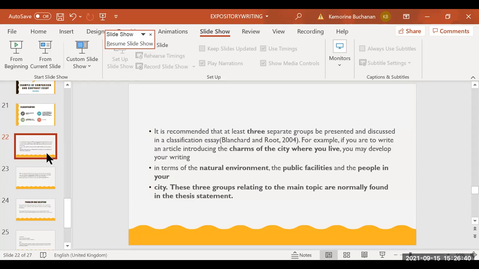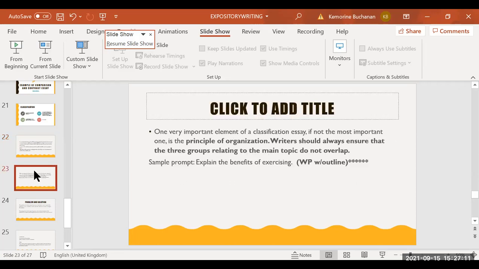For example, if you are to write an article introducing the charms of the city where you live, you may develop your writing in terms of the natural environment, the public facilities, and the people in your city. These 3 groups relating to the main topic are normally found in the thesis statement. So when you're writing your introduction, this is where you're going to tell me what you are going to be including in the body, which is where your developmental paragraphs are found, right?